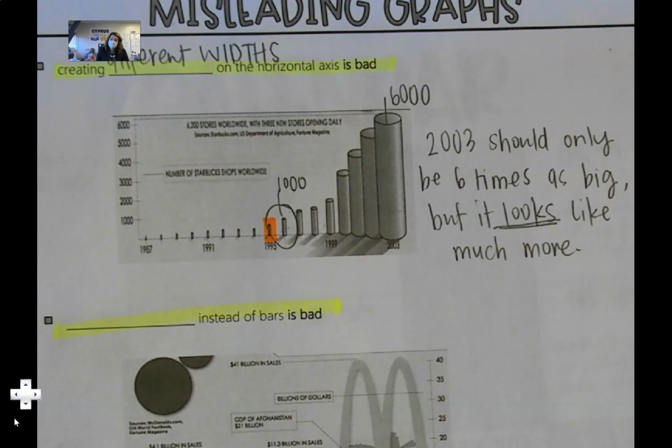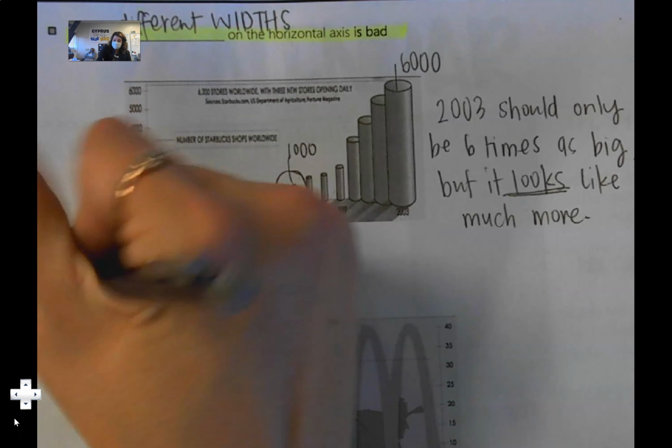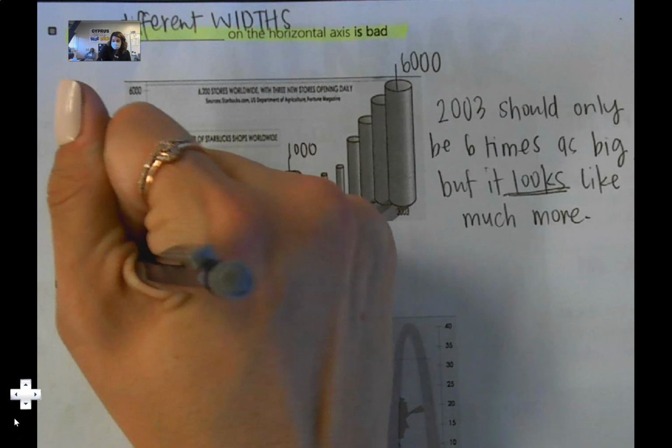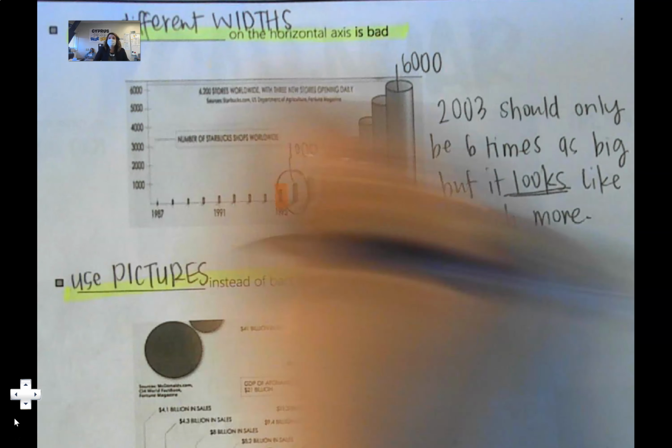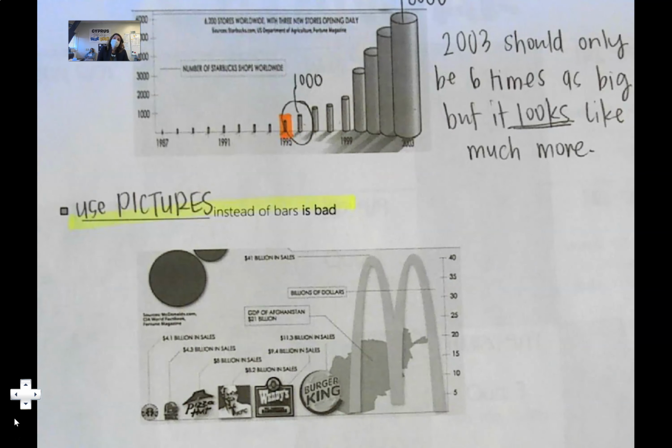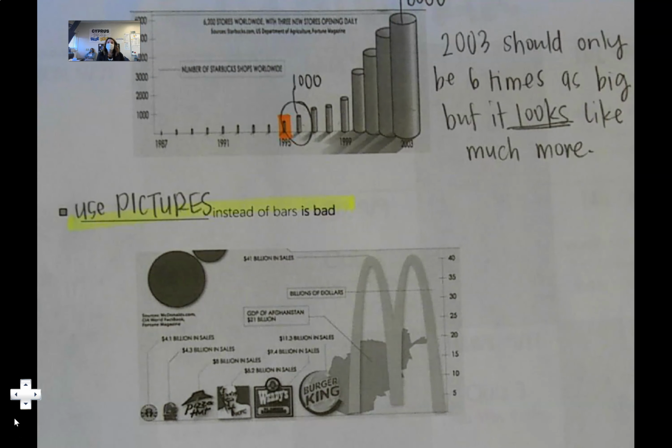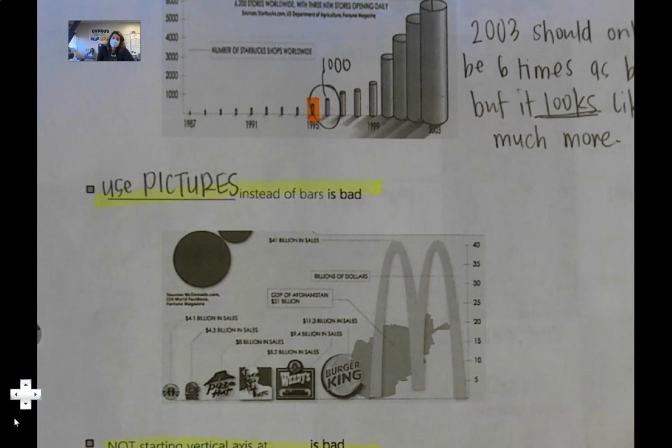The next one is using pictures instead of bars is bad. So different widths is bad. Using pictures instead of bars is bad. And it's the same reasoning as before.